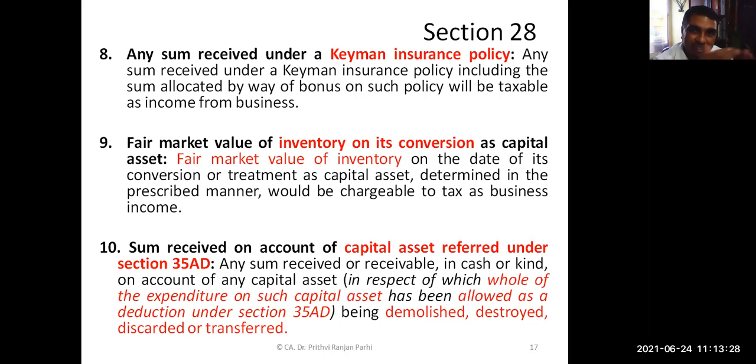Okay, so the next item is fair market value of inventory on conversion into a capital asset. As you are aware, inventory means stock, and here we are referring to closing stock. So if in your business house you are having stock, that stock position is relevant for computation of profit, right?